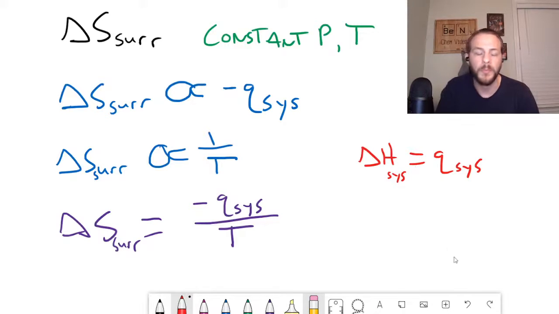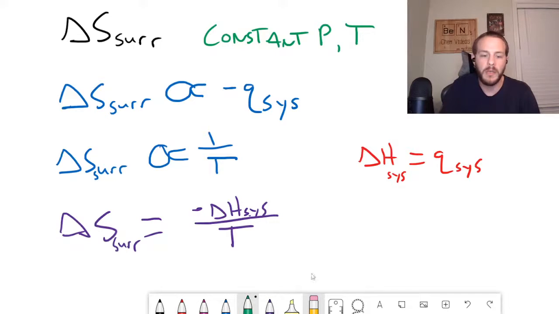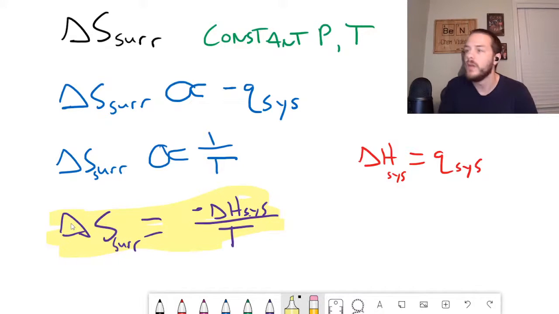So we can substitute negative delta H for the system, and we arrive at this equation, in which the entropy change for our surroundings is equal to the negative of the enthalpy change for the system divided by the temperature.